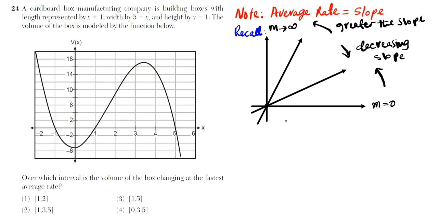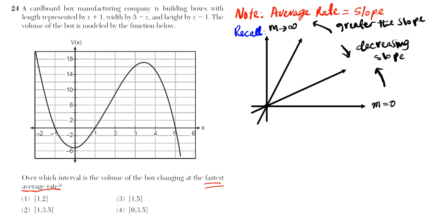Okay? Now what we're going to do is draw our respective secant lines, our slope lines for the given intervals, and the steepest one will represent the fastest average rate because it's going to have the greatest value for the average rate of change on that interval.